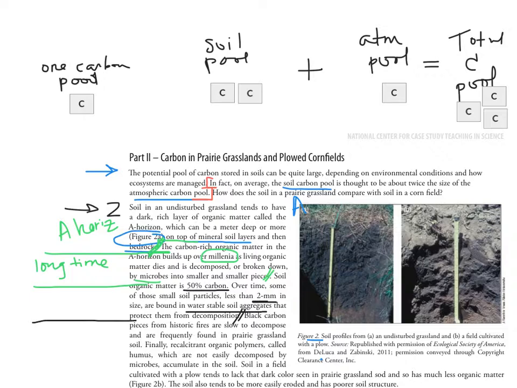So over time, we have some little 2 millimeters, so I want you to think about a centimeter. A centimeter, to me, is about the width of the tip of my pinky. And I know that's kind of a rough ballpark there, but that usually works for many people.